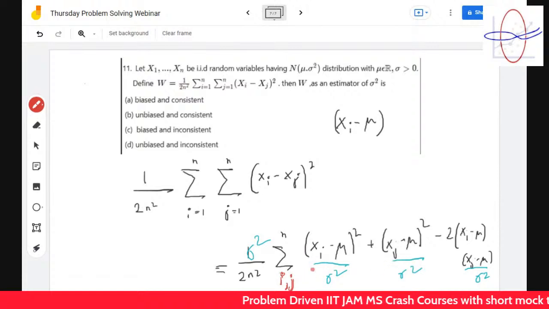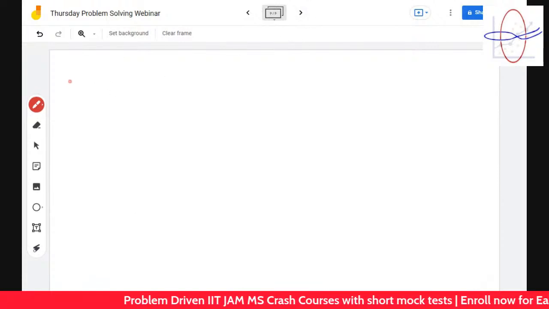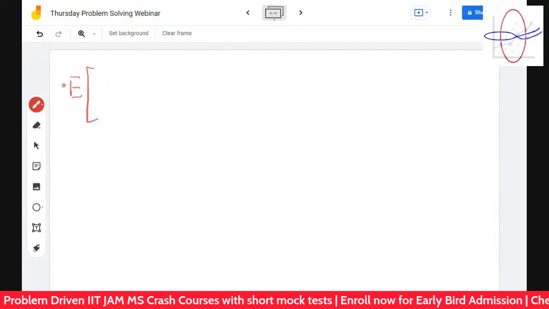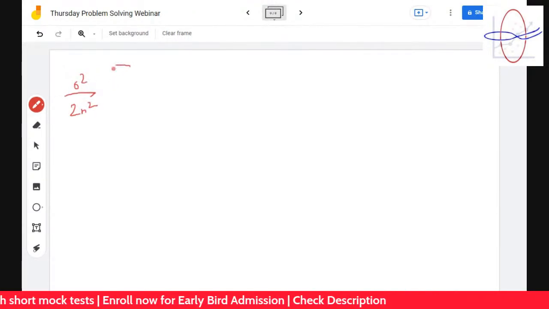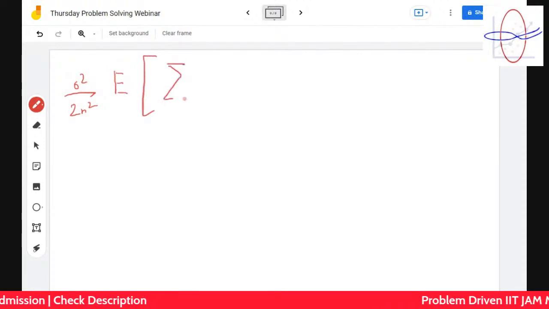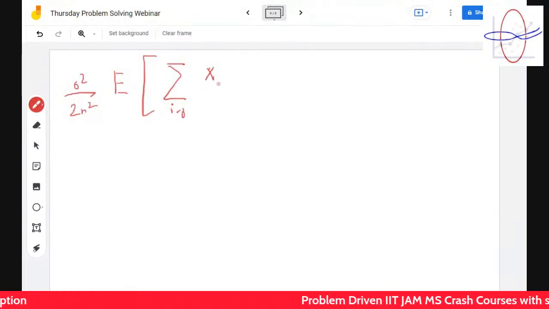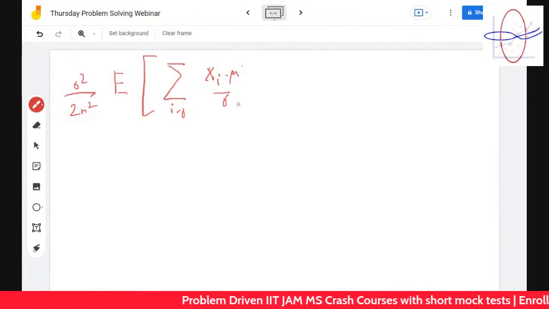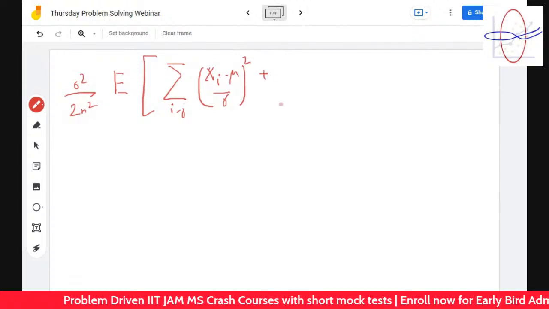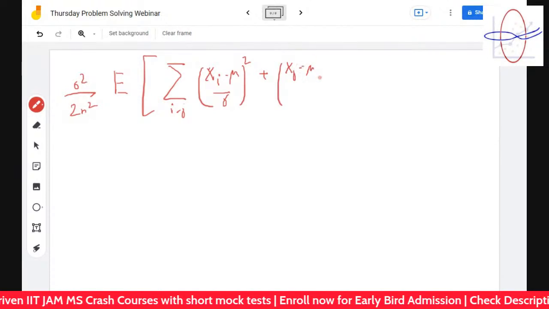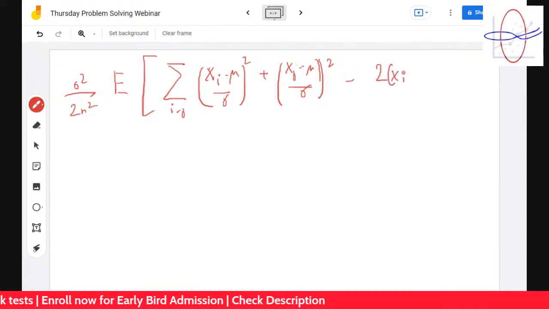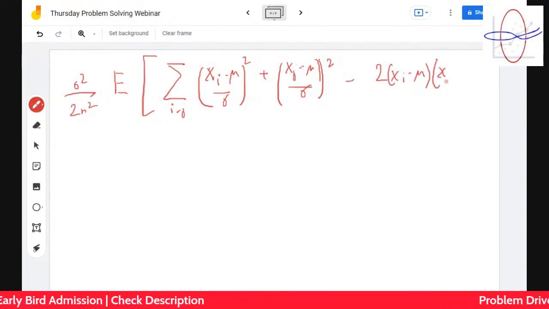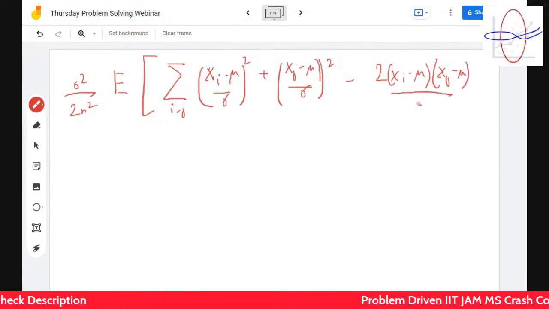What will this give you guys if you take an expectation? So expectation of sigma square by 2n square, which is outside, summation over ij of xi minus mu by sigma whole square plus xj minus mu by sigma whole square minus twice xi minus mu times xj minus mu by sigma sigma.